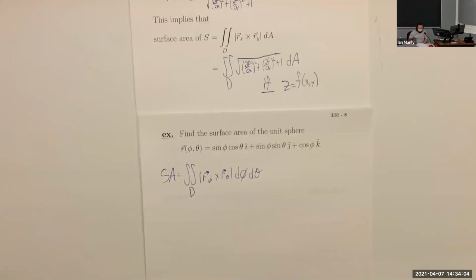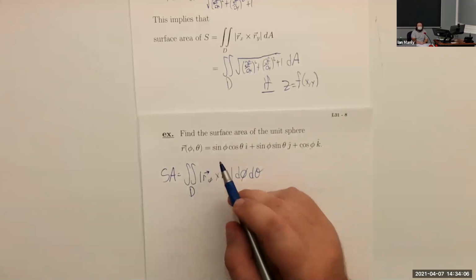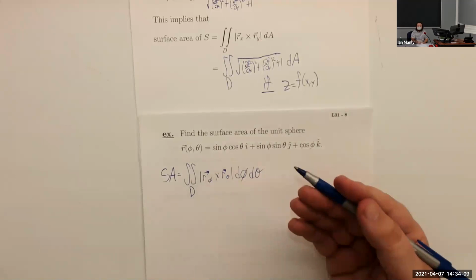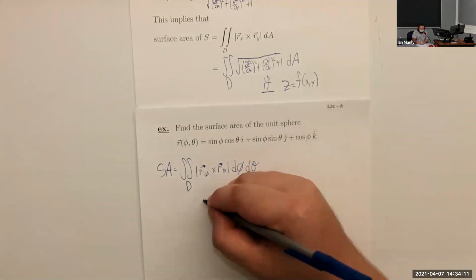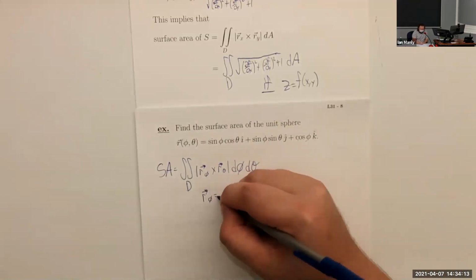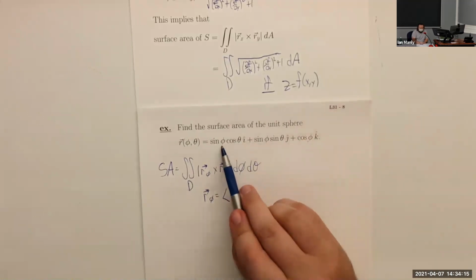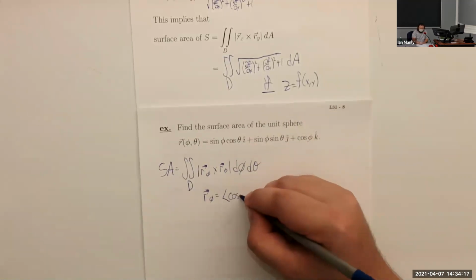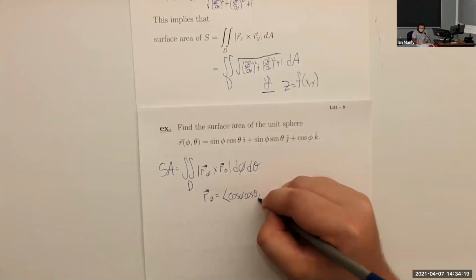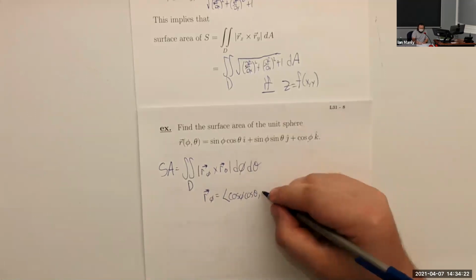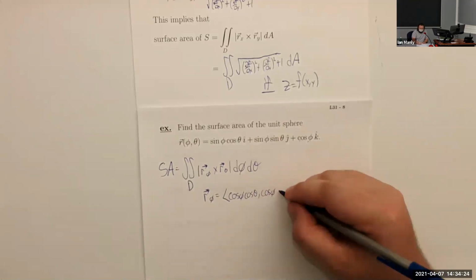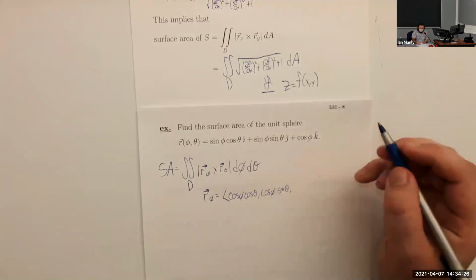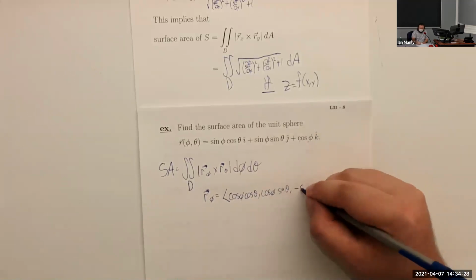All right, so let's figure out what r phi and r theta are first. We'll cross them and then find the magnitude. All right, r phi. Let's see. I do the phi derivative of this, I get cosine of phi, cosine of theta. I do the phi derivative of this, I get cosine of phi, sine of theta. And I do the phi derivative of this, I get negative sine of phi.